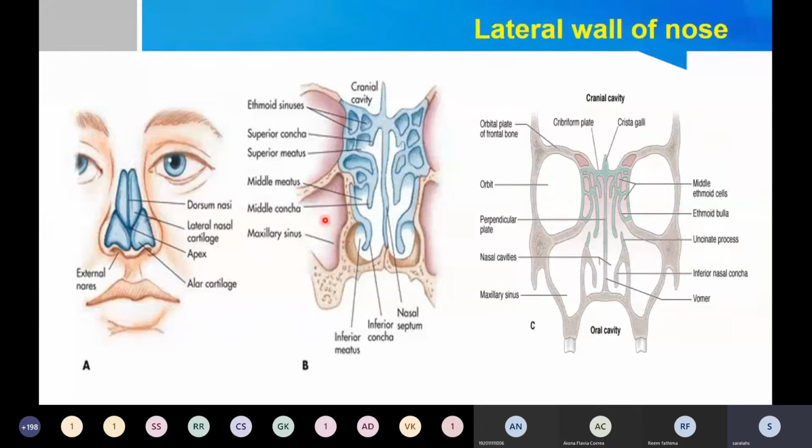For the time being, remember in the maxilla bone there are maxillary air sinuses, in the frontal bone you will get the frontal air sinus, and in the ethmoid there are the ethmoidal air sinuses. Ethmoidal are three in number: anterior, middle, and posterior. Within the body of sphenoid there is the sphenoidal air sinus. These are the paranasal air sinuses.